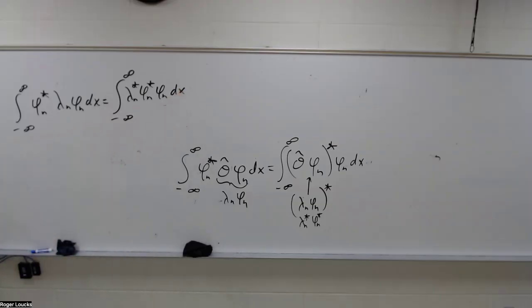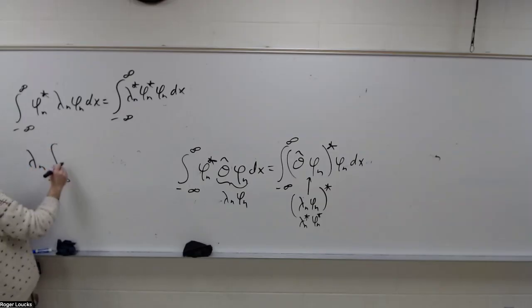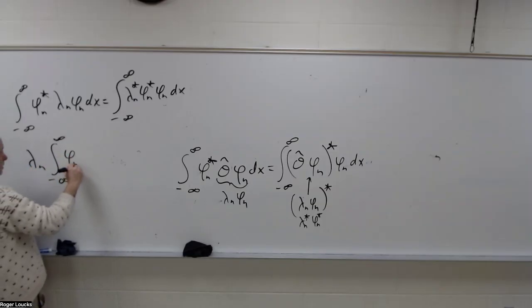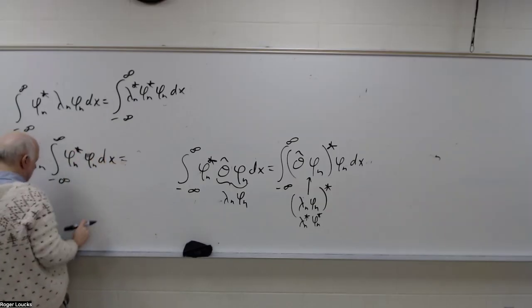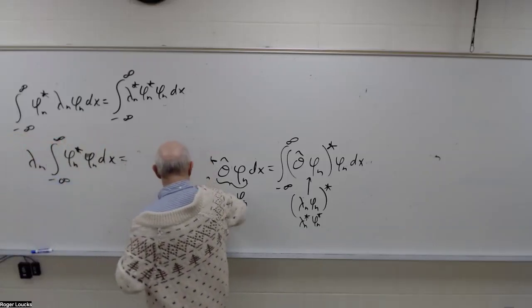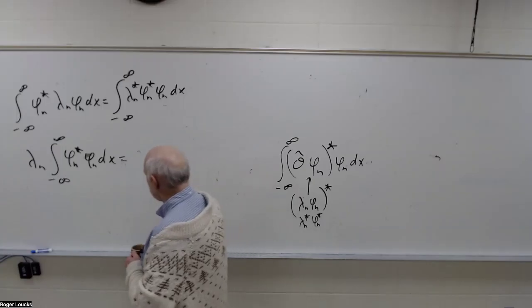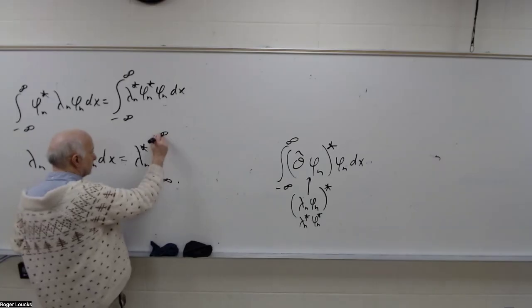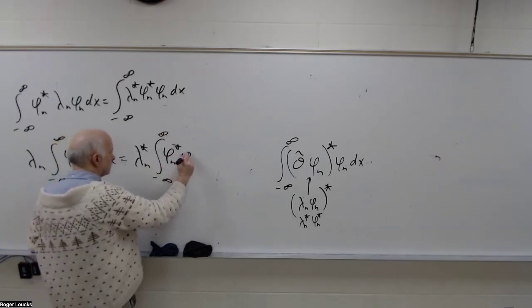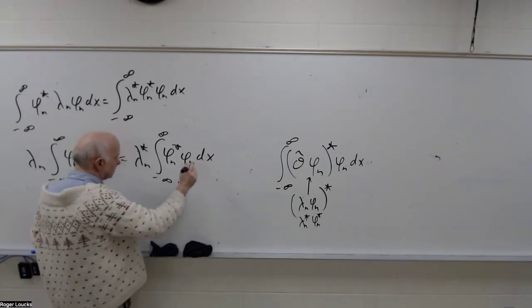What can I pull out of each integral? The constants. This is a constant, this is a constant, so I can pull those out. So this is lambda n times the integral from minus infinity to infinity of phi n star phi n dx, and that equals lambda n star times the integral from minus infinity to infinity of phi n star phi n dx.